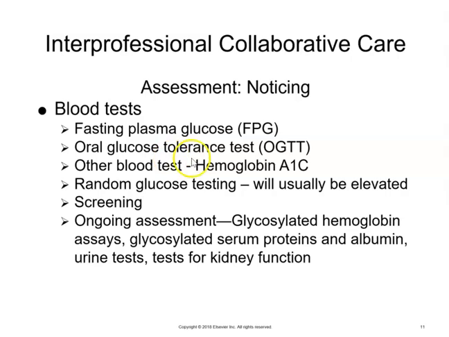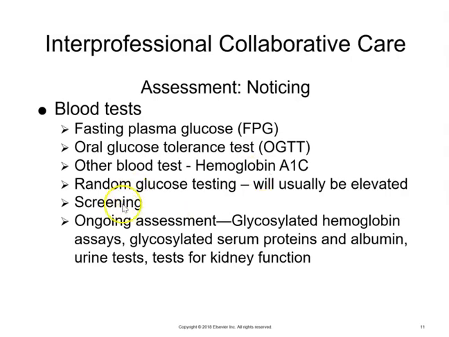And this is a very good indicator of how they have been trending over the past 3 months. Because remember, an average red blood cell lives for 120 days. So once that sugar attaches to that hemoglobin molecule, it is there until that cell lyses or breaks down.